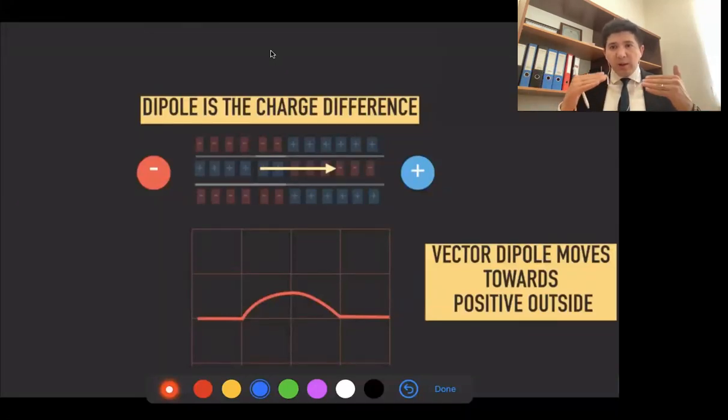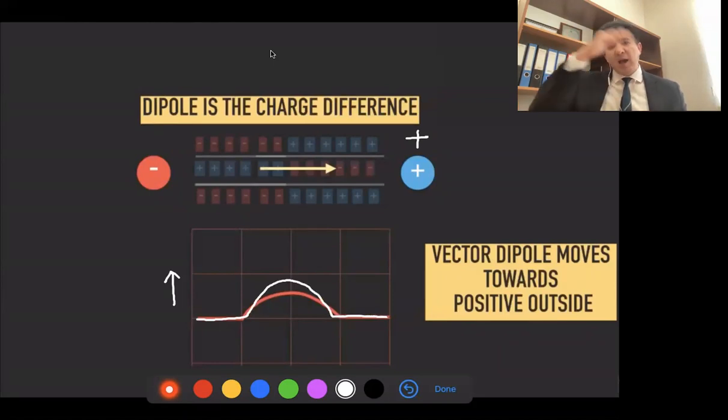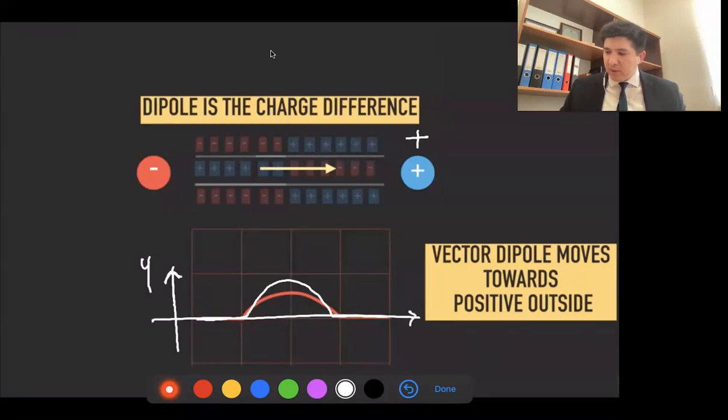And how we are going to measure is we are going to look at the direction of the dipole. If the dipole is moving in the direction of the plus charge, which is outside the heart, then we are going to have the curve looking upward. So we are going to draw it like this. Okay, so it's going to have the curve, which is going to be positive. If you look at this charge as the y-axis, and this part as the x-axis, and if you remember, this part is y equal to 0, right?